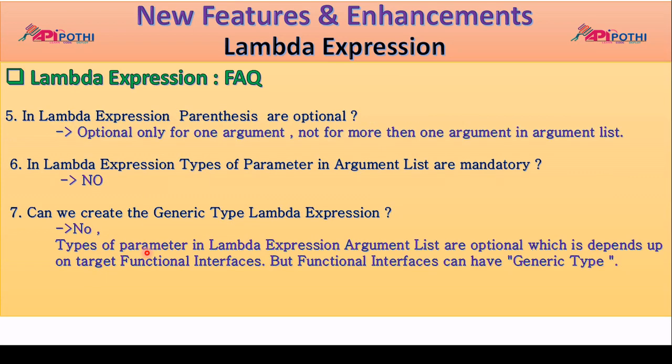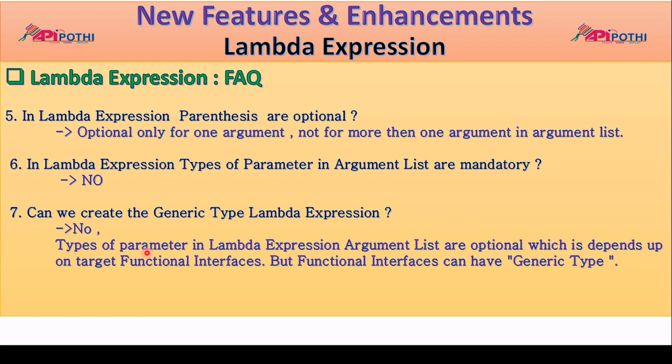Question number 7. Can we create a generic type lambda expression? No. The reason is that a lambda expression doesn't talk about the parameter type. Since it is not talking about the parameter type or argument list type, the generic concept won't come.